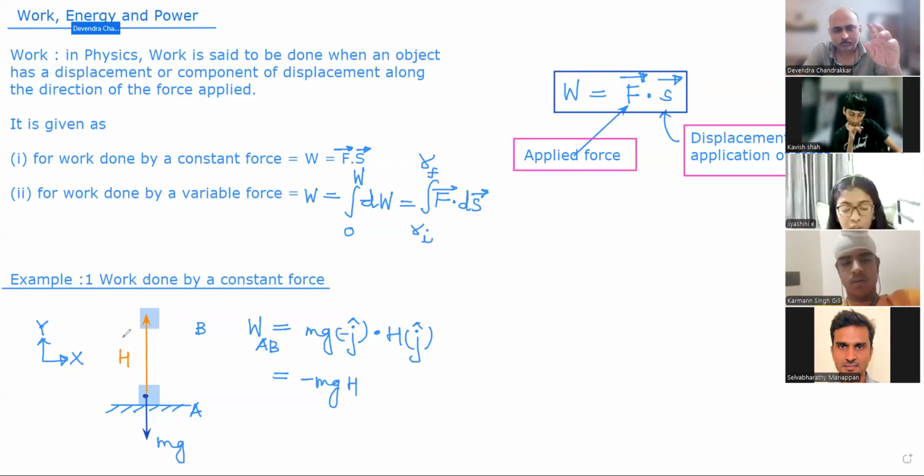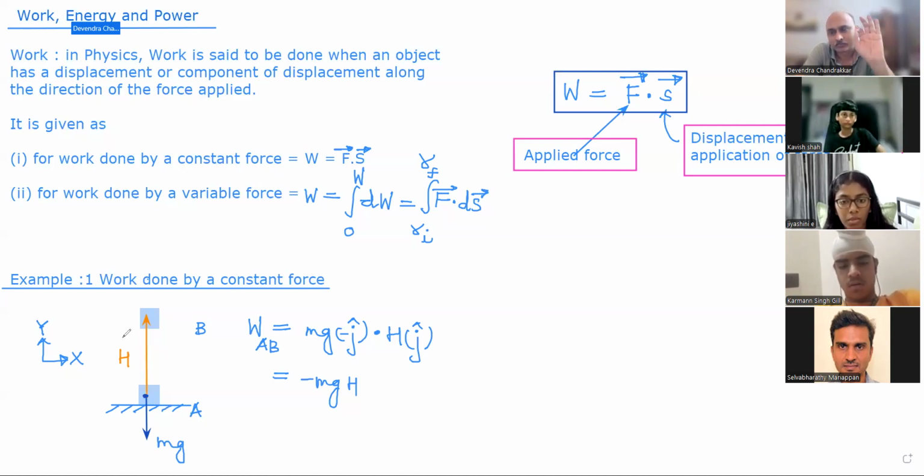So my take is, whatever force we want to find the work done by, that is applied by somebody, some force or some object or the other. So here, if I am asking about finding the work done by mg, that is the applied force. Got it?